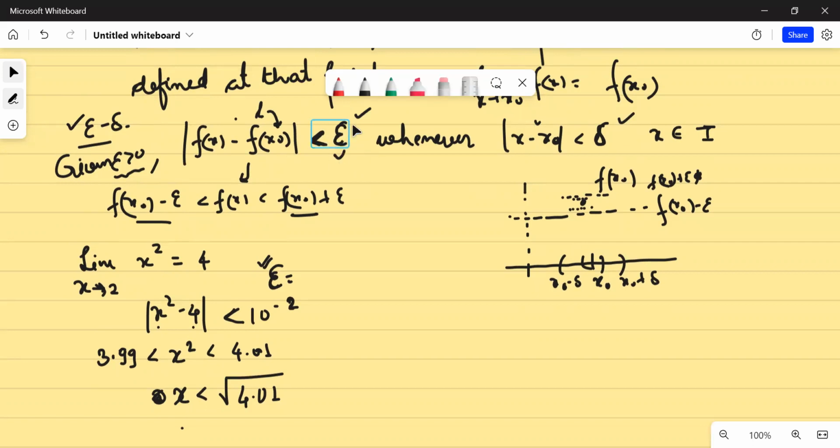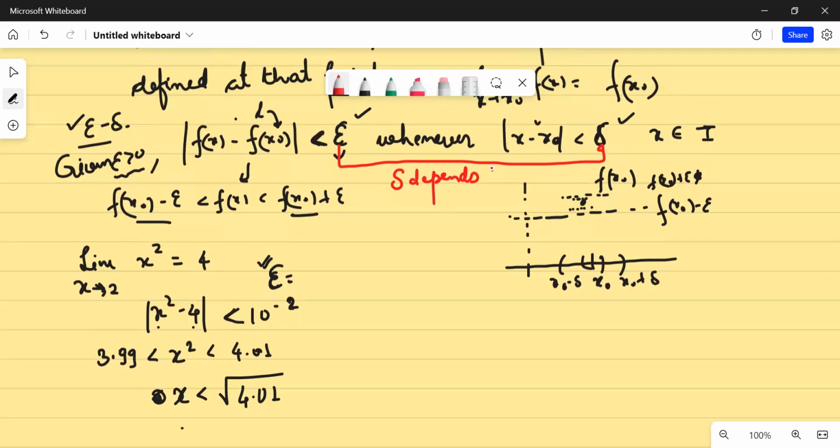So you give me an epsilon, whatever epsilon you give, I will give you a delta. And what does that delta signify? It signifies that whenever you say that the distance of my function and the limit can be made smaller than epsilon, I will say that x minus x naught can be made smaller than some delta. So depending upon epsilon, I can always find this delta. So you give me an epsilon, I will always give you a delta. So your delta depends upon epsilon.